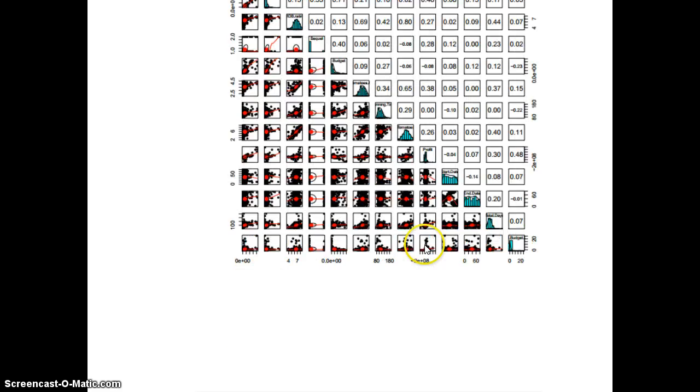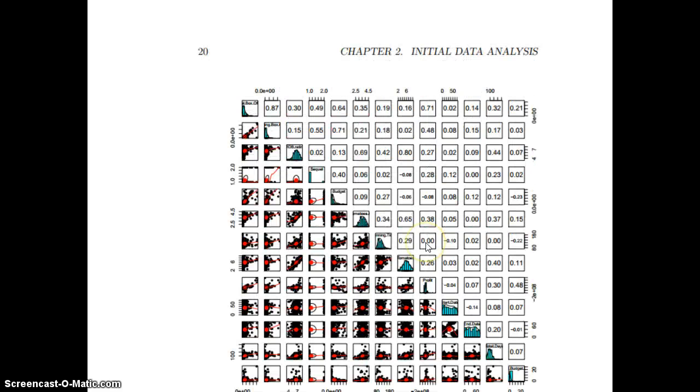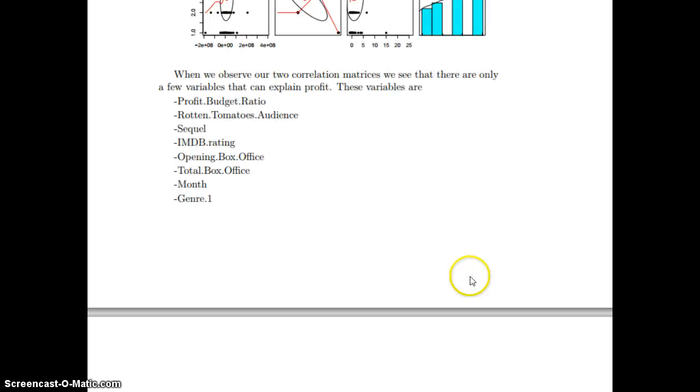So then I looked at the relationships between profit and all the other variables, and I picked out the variables that correlated the most with profit, and that's how I started to make the model. And so here's a list of the highest correlating variables with profit. And so these are the ones that I used to begin making my model.